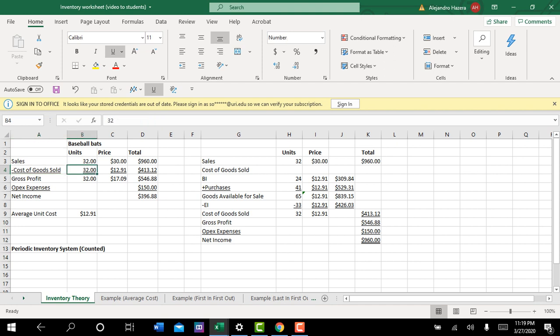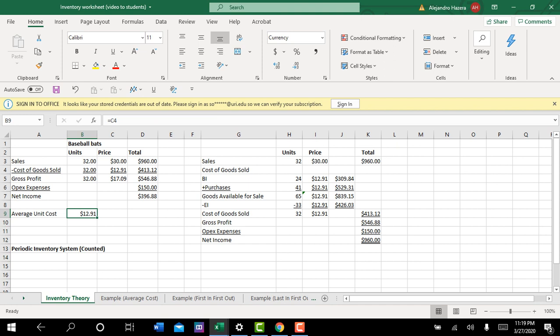Okay, so these 32 bats in cost of goods sold, those units are the exact same bats, literally, that people bought. And so what we're doing is we're taking those same 32 bats, and for now it's just an assumption. Let's assume that the average bat cost the company $12.91 to either manufacture or buy from a vendor. Either one. Take your choice. Doesn't matter.